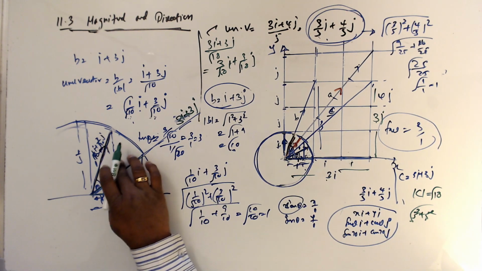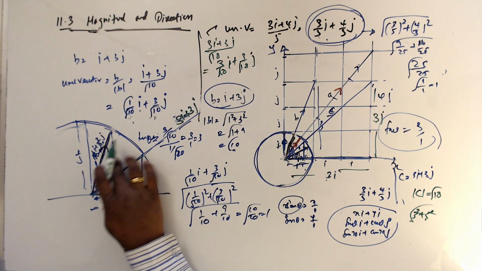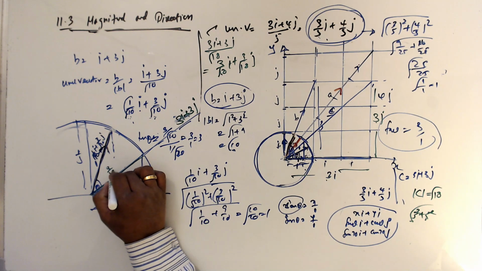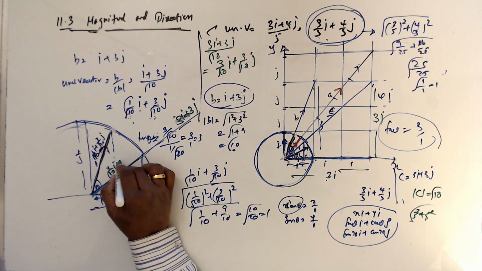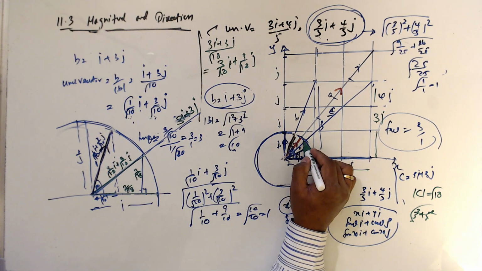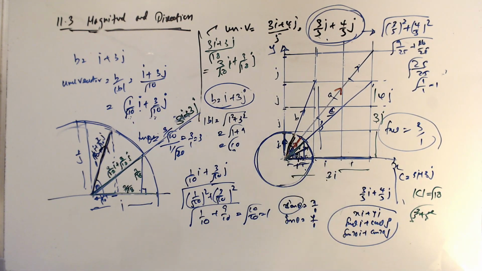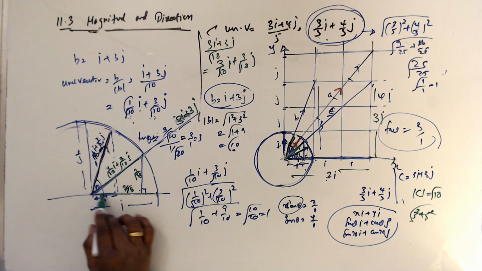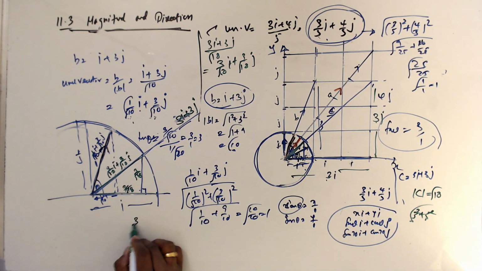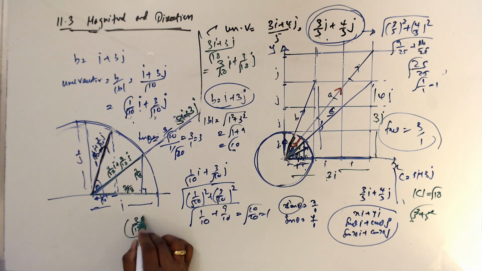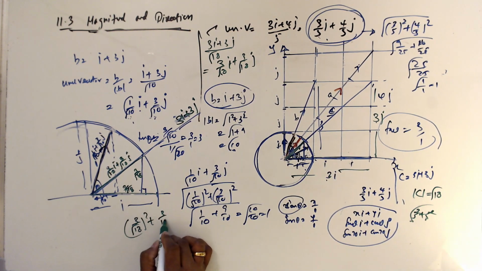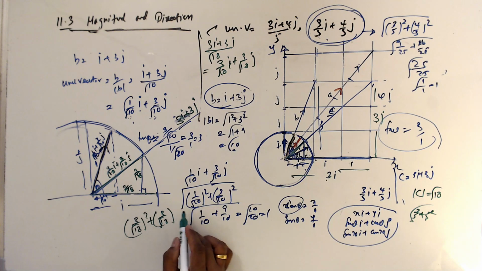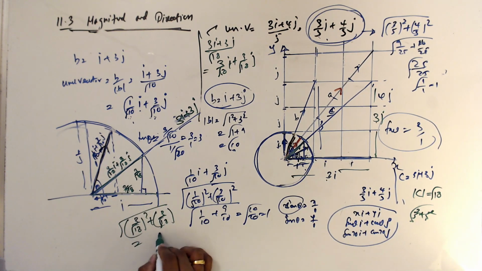So now you can write this one as 3 over square root 18 i plus 3 over square root 18 j. If you put Pythagoras to this one to find the size, you will see that the answer is 1.